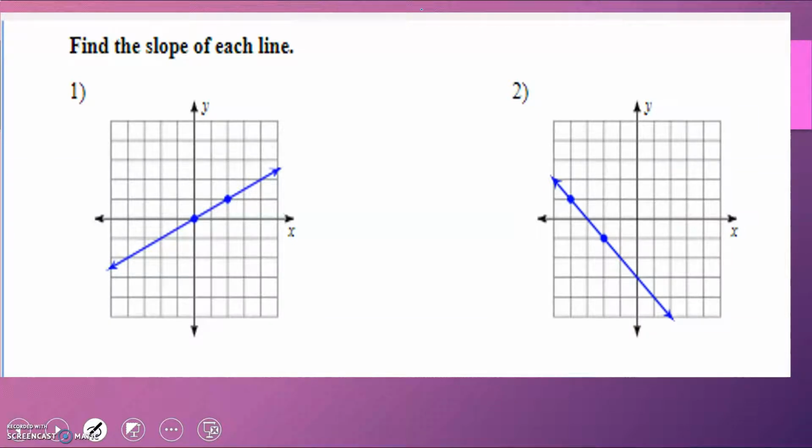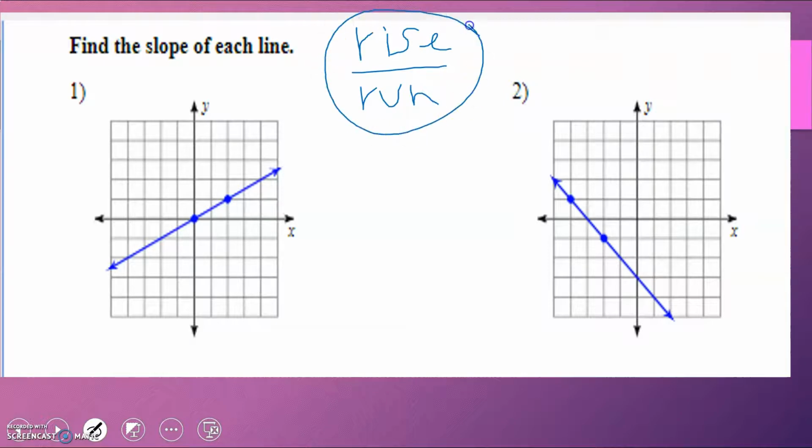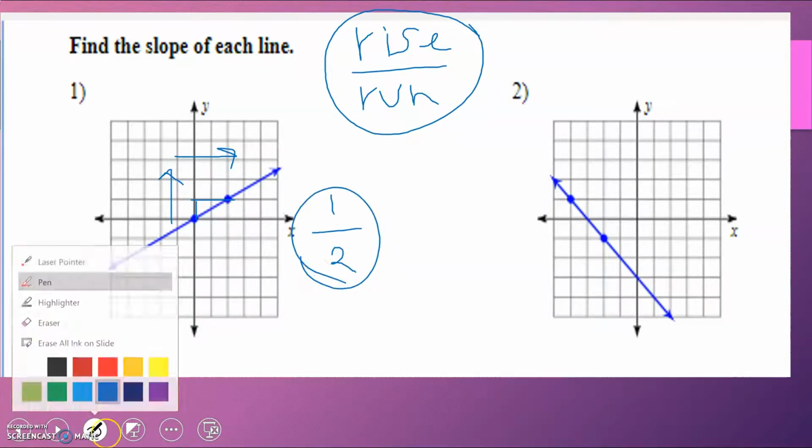All right, we're going to do a couple of practice problems. So number 1, let's find the slope. For all of these, I'm going to be doing rise over run. That is my preferred method. So number 1, our rise, we're going to go up 1 and then over 2. And because we're going up and to the right, both numbers are positive, so our slope is 1/2.